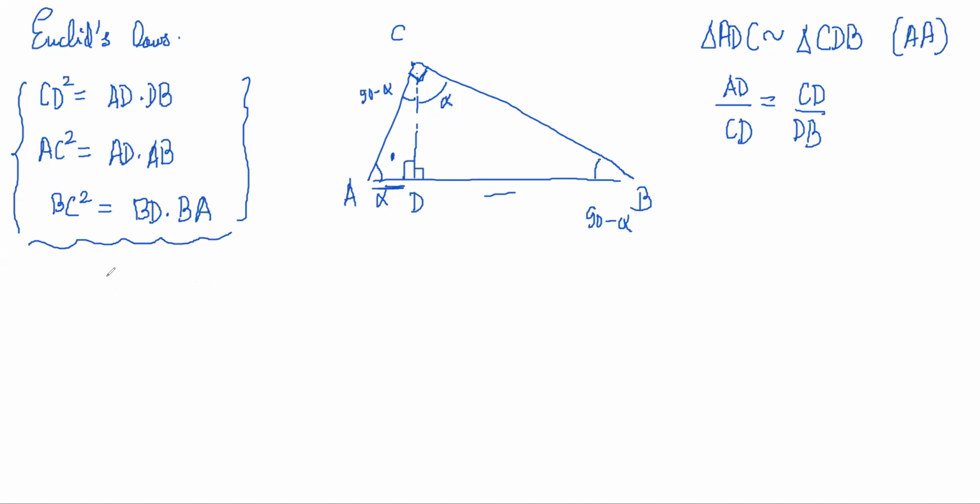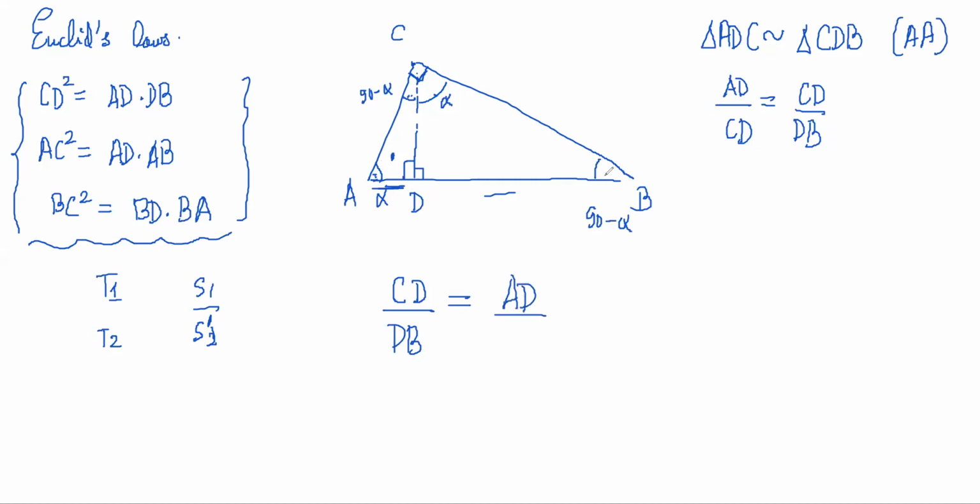If there is triangle 1 and triangle 2, you write side 1 by side 1 in this triangle, then side 2 by side 2. So how do you decide which side? You can check the angles. What is the side opposite to angle alpha in triangle ADC? CD, right? So you have CD by the side opposite to angle alpha in CDB, which is DB. So CD by DB. Then what is the side opposite to 90 minus alpha in ADC? That is AD.